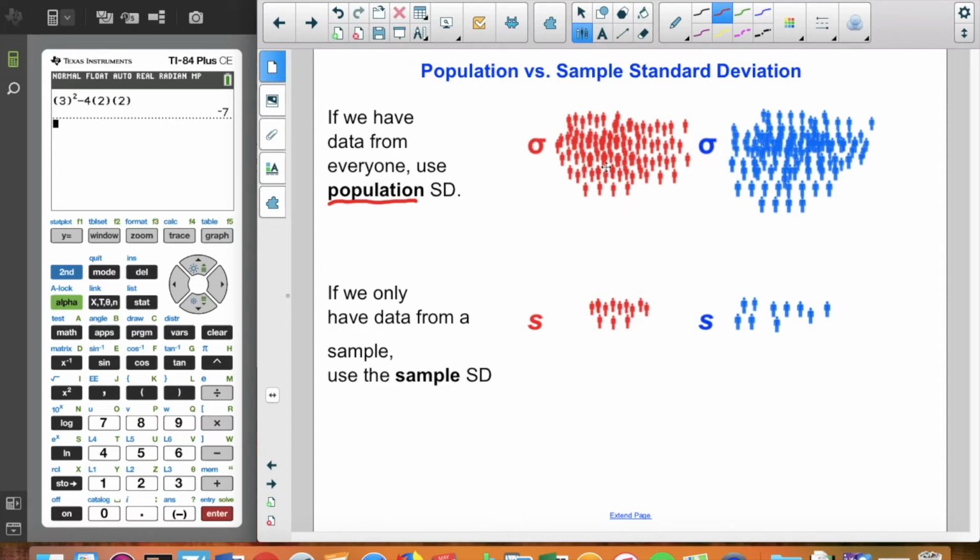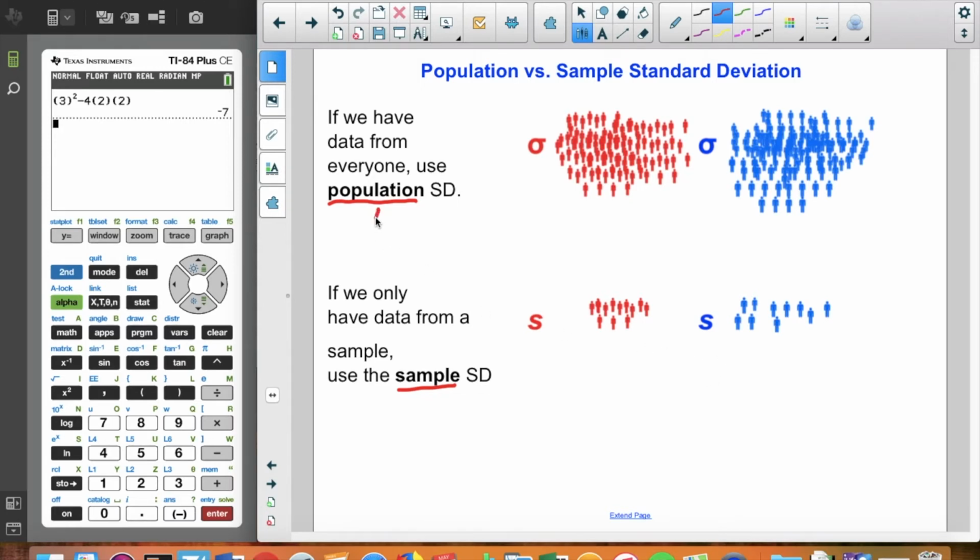So that's when you're taking data from everyone in your sample or everyone in your population. If you have only some of the data, so you're only using a portion of it, that's when you use the sample standard deviation. So if you look at the pictures, you see that this sigma is the whole population, but this S is only part of the population.